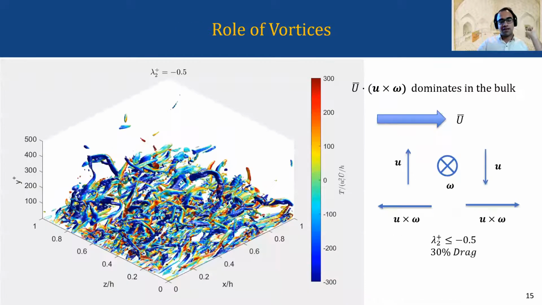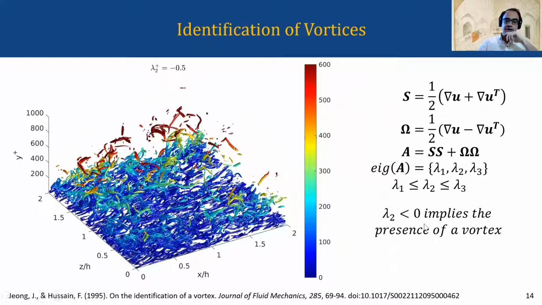Now, as I said, if lambda 2 is negative, that implies there is a vortex there. And we can choose how strong we want our vortex to be. The more negative it is, the stronger it is. If we reduce the magnitude, for example to minus 0.25, you see more of these. So that's a less stringent criterion.